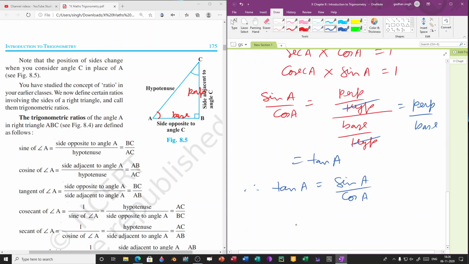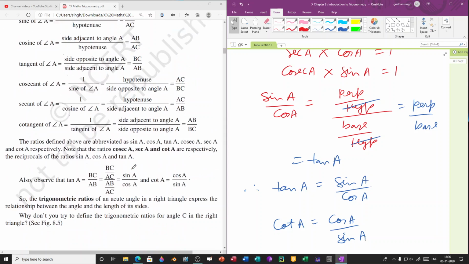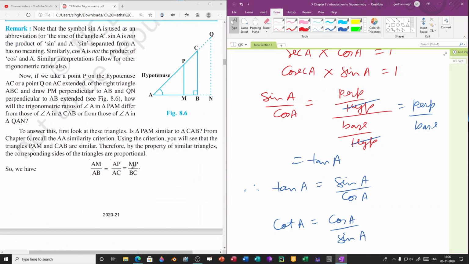So cot A, because cot is the reciprocal of tan, can be written in terms of sine and cos as cot A equal to cos A over sine A. So these are very important trigonometric ratios, and we'll be applying them in the exercises coming in this particular chapter.